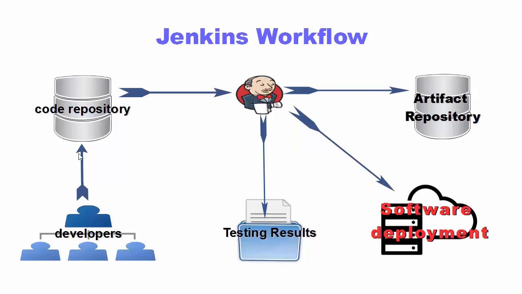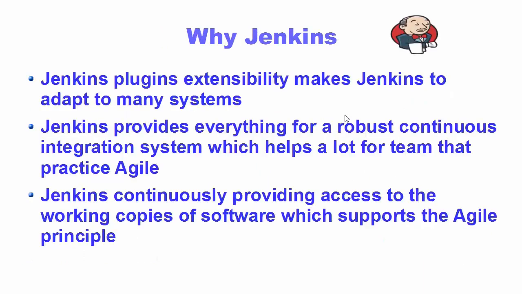So here the code is committed, and then at a regular interval Jenkins tests the repository, and then it runs the tests on those codes, and if everything is successful, it's going to create the executable, and then it will save those executables in your artifact repository, or it will deploy your code onto some other server. So now let's talk about why Jenkins and not any other CI system.